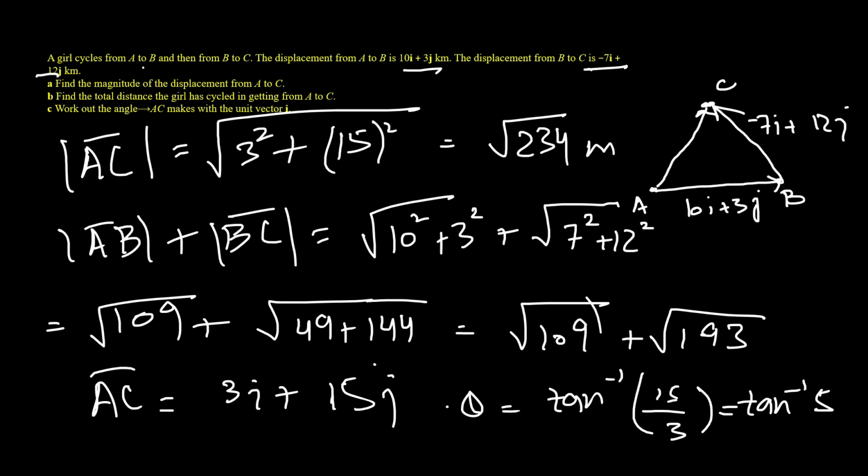The angle will be 78.6 degrees. That's the angle vector AC makes with the unit vector i.